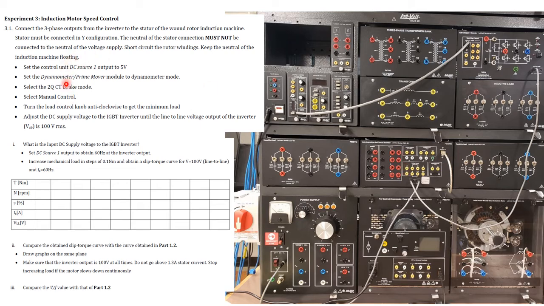Then you should read this instruction, it's not difficult. It says adjust the DC supply voltage to the IGBT inverter until the line-to-line voltage output of the inverter VAB is 100 volt RMS. So you need to increase the DC voltage until the output of this inverter, which is connected to the stator of your machine, reaches 100 volt RMS, and you should measure this using E1, E2, or whatever.